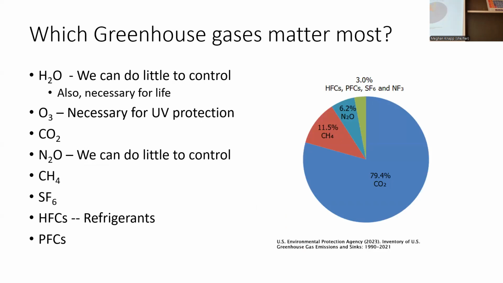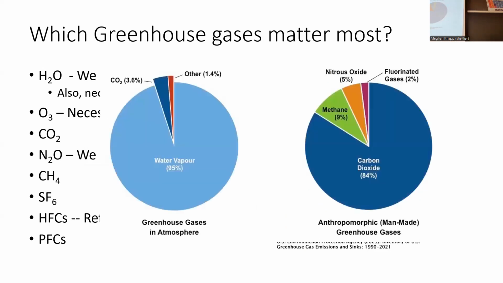Okay, so we mentioned several greenhouse gases. All of these can be greenhouse gases to a certain extent. If we look at this diagram, this has a bunch of those greenhouse gases, and it has CO2 making up the most of these. But water is left off that list.